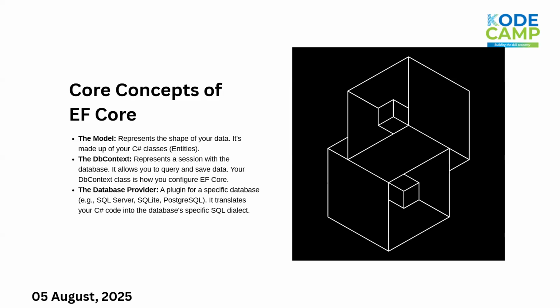Then finally is the database provider. We all know we have different types of database. We have SQL Server, SQLite, PostgreSQL, and all. So we just need to choose one. Now, the beauty about this ORM is this.